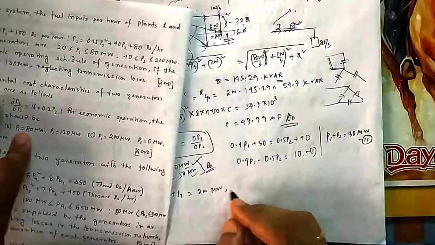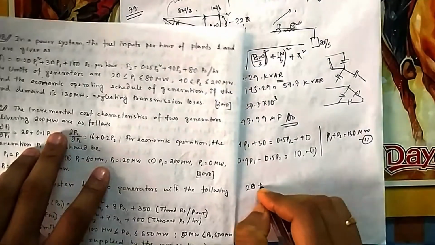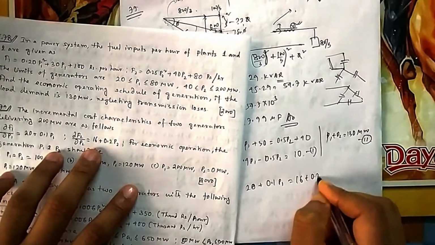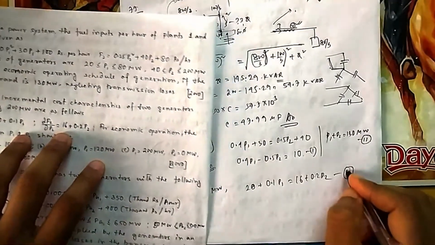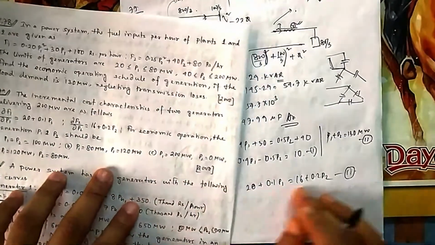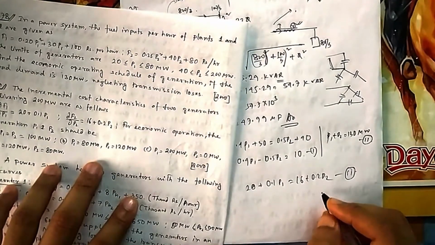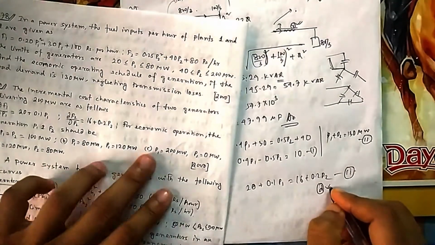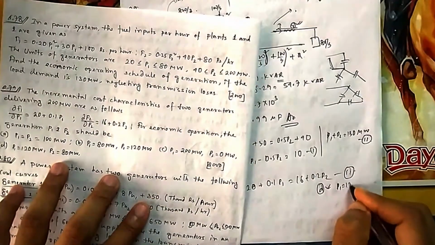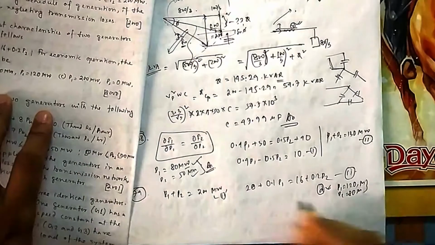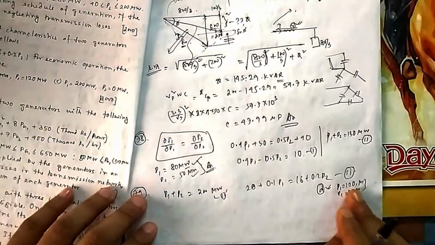Next, these two should be satisfied: 220 plus 0.1 P1 is equal to 16 plus 0.2 P2. So this is equation 2. You can solve equation 1 and 2, or you can put this value and see which one is satisfied. If you check, then you will find your answer is D, that is P1 is equal to 120 and P2 you will get 80.